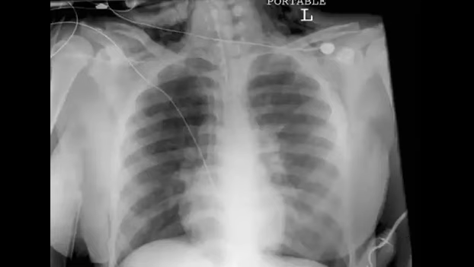Is it an easy one, or should I go to the answer? So you will check every side, and the most important is to start with whether there is any pneumothorax or pneumomediastinum.